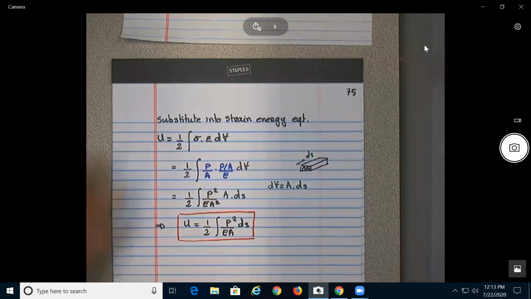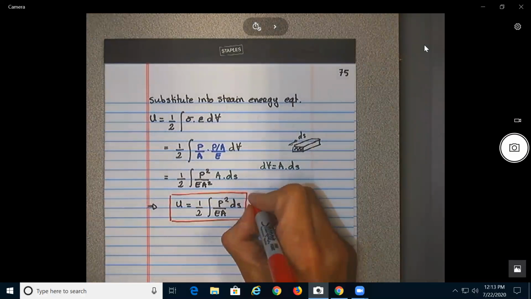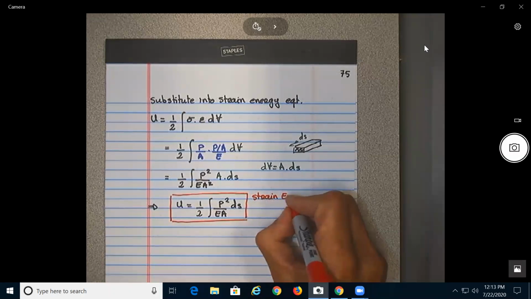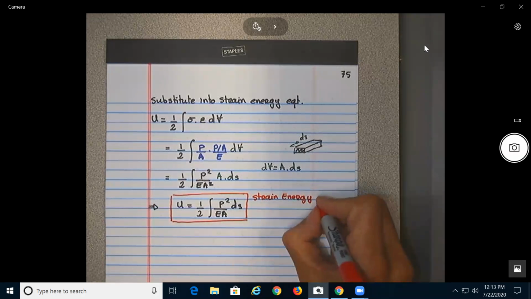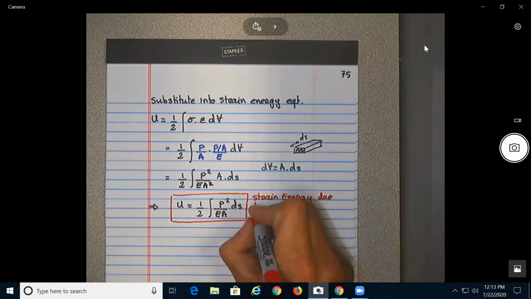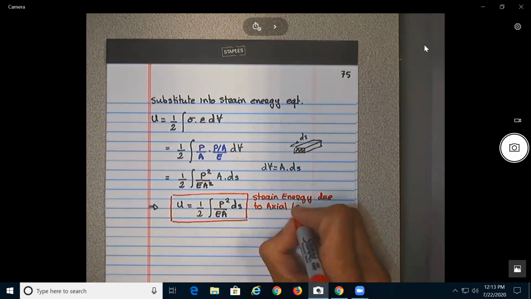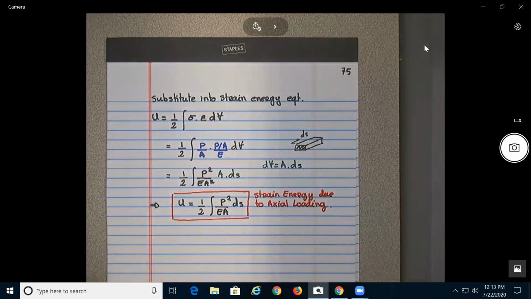And this term over here will be the strain energy due to axial loading, or sometimes it's called in-plane loading, okay? It's within the plane.